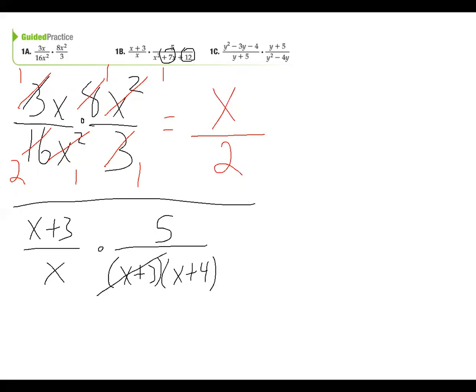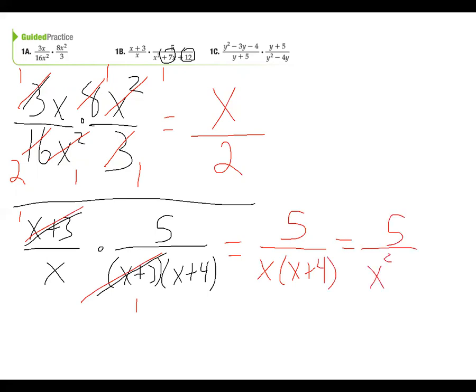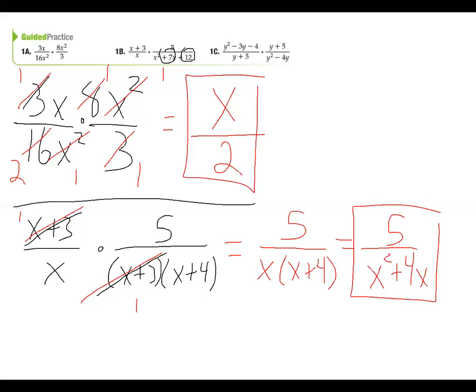You can see that the common factor of x plus 3 cancels out here and here, and those would cancel to 1s. And there are no other common factors, so the numerators multiply to 5, and the denominators multiply to x times x plus 4, which you could write as 5 over x squared plus 4x, if you wanted to. I'll box my answer there.